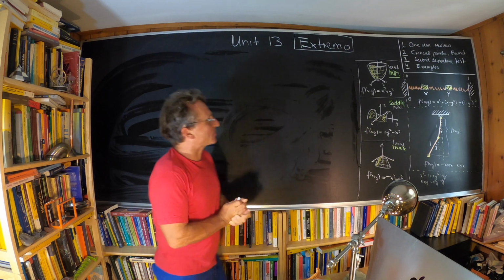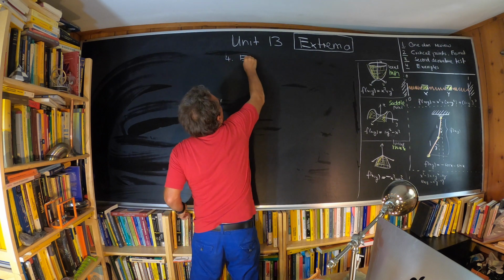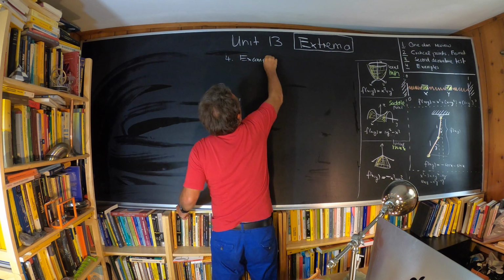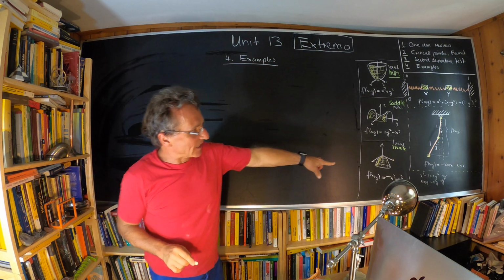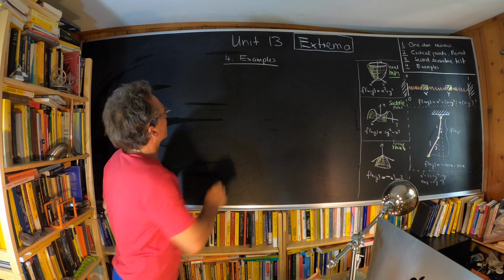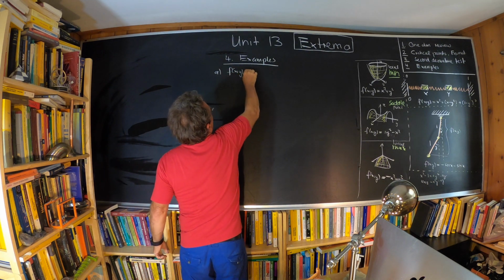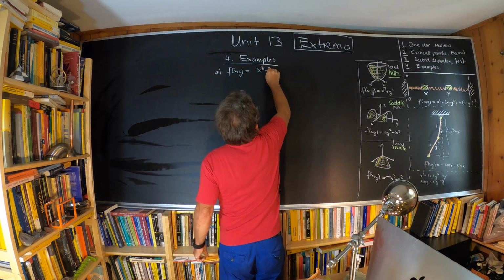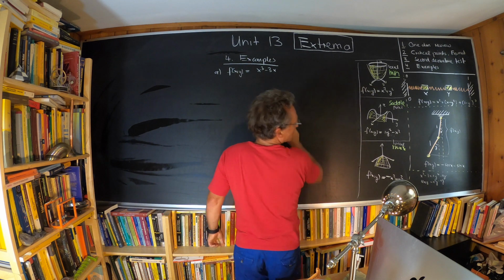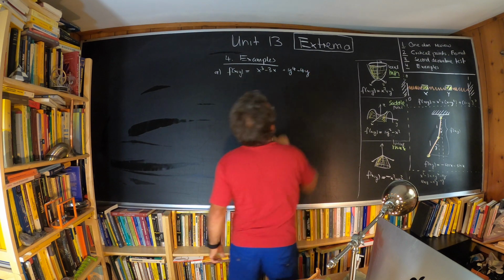We can look at some examples. So that's number 4. Remember, I have written them down there. So let's just start with the following one. We have f(x,y), that's an easier one, equal to x cubed minus 3x plus y to the 4th minus 4y.